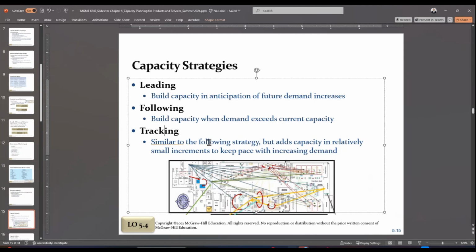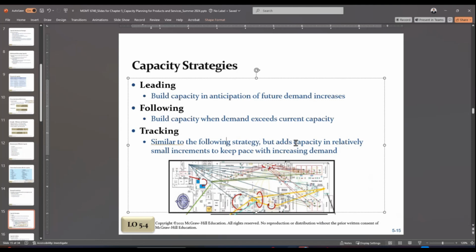And tracking is similar to the following strategy, but it adds the capacity in small increments. Little baby steps. So in terms of layout or space utilization, maybe in the first month the demand is 130K, second month the demand is 140K. So try to add some capacity, maybe start adding overtime on Sundays.